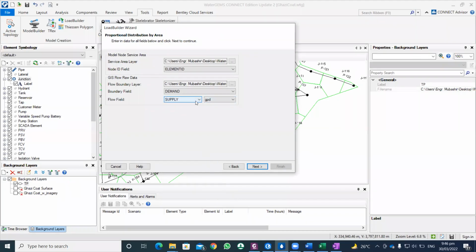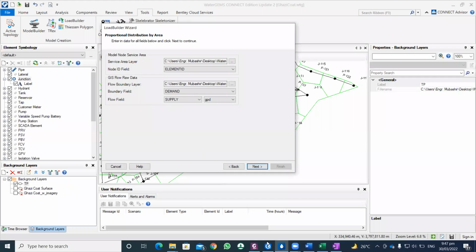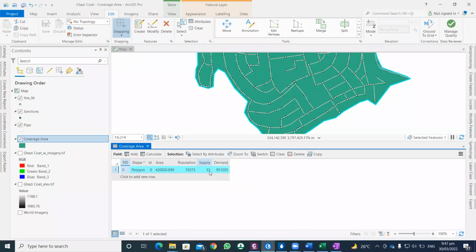Otherwise, it will give you the incorrect result, wrong demands. So these fields should be assigned to that specific field. So the boundary field should be assigned to that demand field, and the flow field should be assigned to the average demand or the specific demand field.